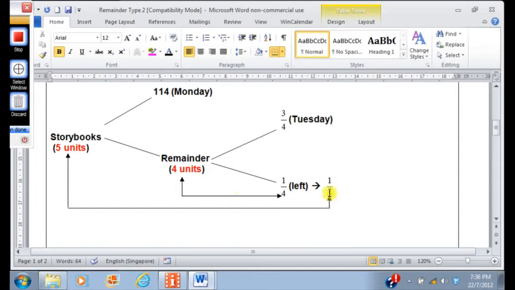This 5 that you see here goes to the storybook. So if this is 5, this is 4, what should be here?